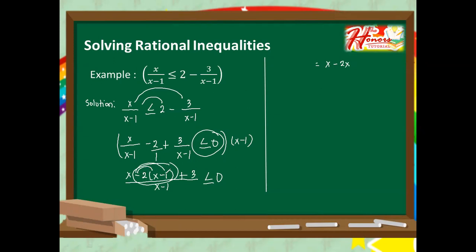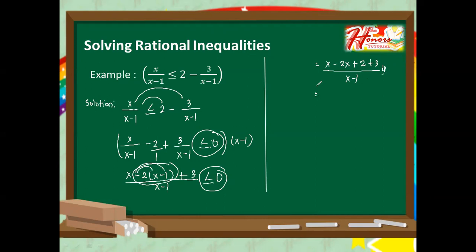And then negative 2 times negative 1, that's positive 2, so plus 2. Don't forget this, plus 3. And then of course, let's have the LCD a while ago, and that is x minus 1. And then don't forget this part because that is very important as I have mentioned before. So that is less than or equal to 0.